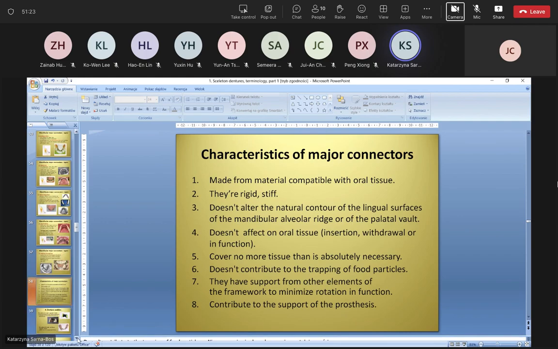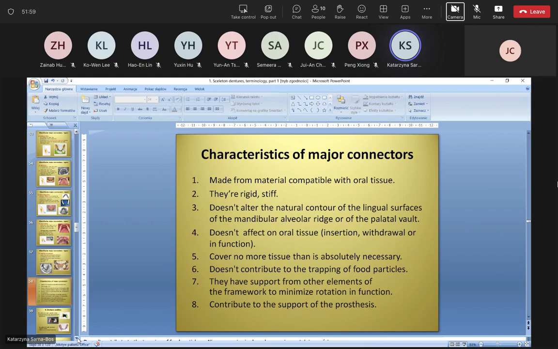Characteristics of major connectors: they are made from material compatible with oral tissue. They are rigid, stiff, don't alter the natural contour of the lingual surfaces of the mandibular alveolar ridge or of the palatal volute, don't affect oral tissue, insertion, withdrawal, or function, cover no more tissue than is absolutely necessary, and don't contribute to the trapping of food particles.